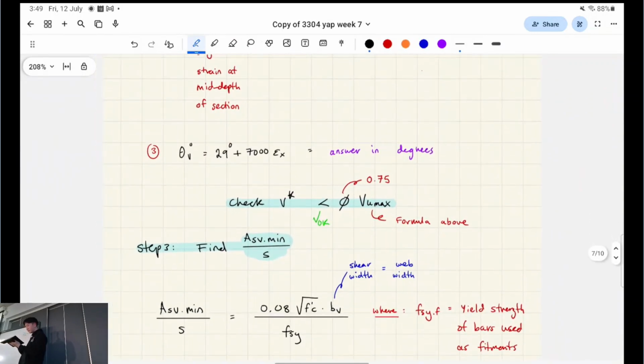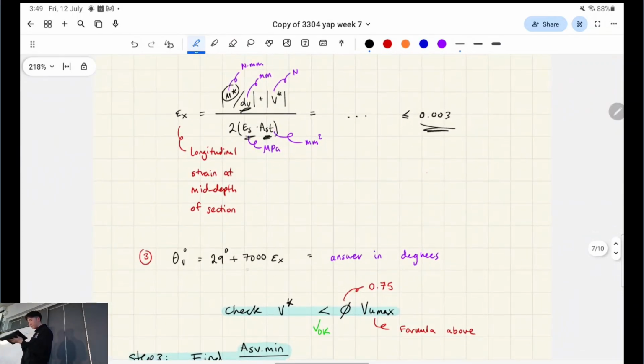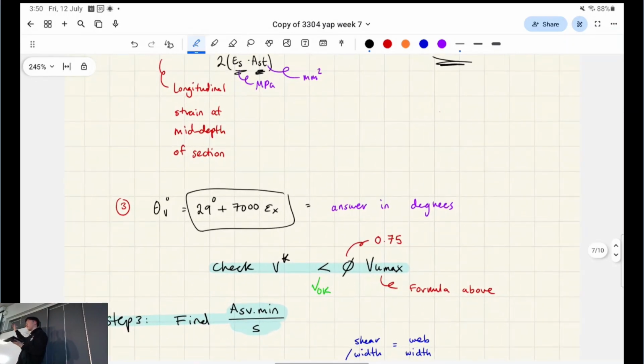Okay. So we didn't actually calculate theta v. We calculated epsilon x. Now to calculate theta v, we get this formula I'm going to call. And then whatever you get from this formula, it's going to be in degrees, right?